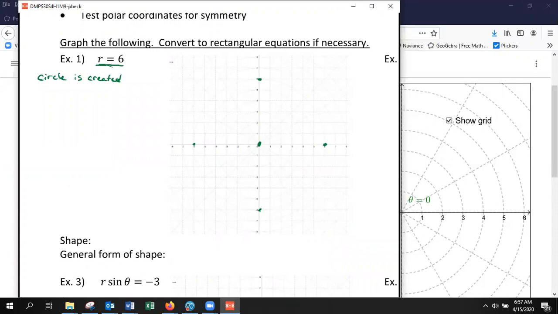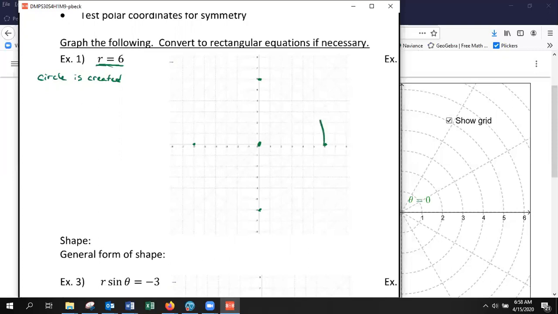Maybe if I'm graphing some points, sometimes it's more beneficial to graph in a rectangular system. With all these different things in mind, I might put both graphs together so we get a representation of each one in each system. As we look at r equals 6, once again, this is a circle with a radius of 6.